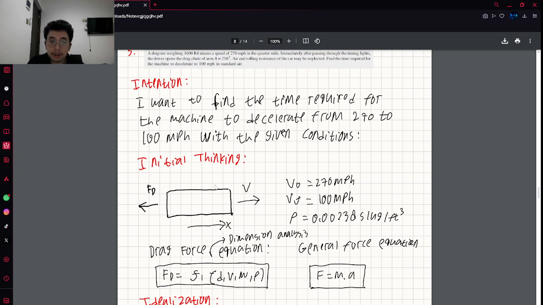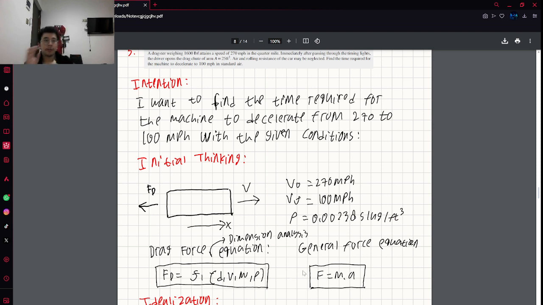Initial thinking. Okay, so this is basically a simple free body diagram drawing. The car is going that way, and there is a parachute dragging the car backwards, which is FD right here. And this is the numbers given, and for the drag force, the dimensional analysis is this part.